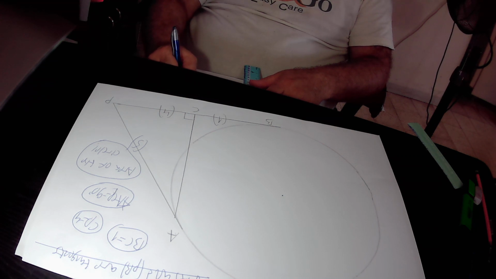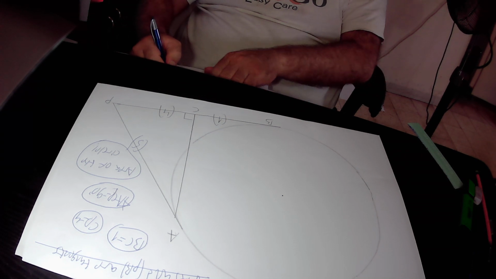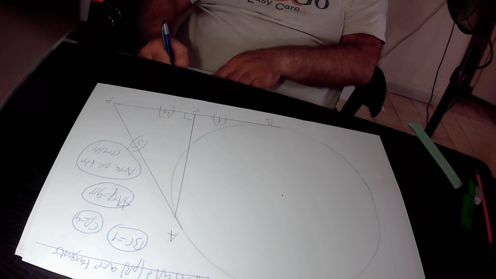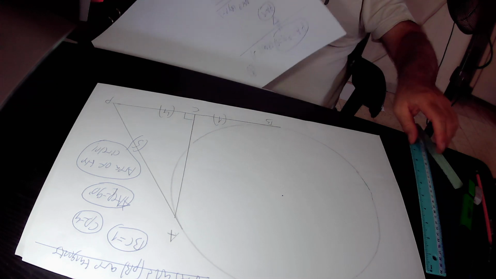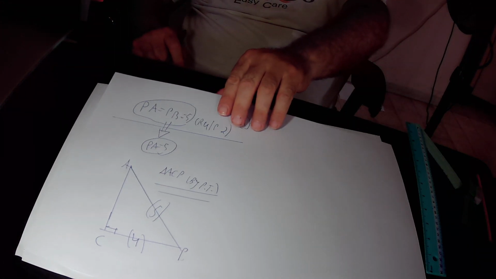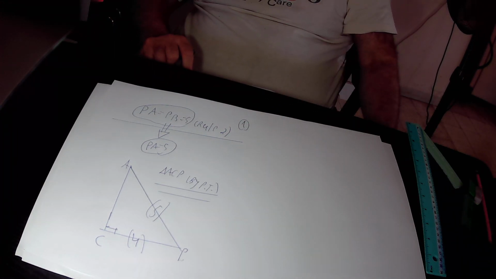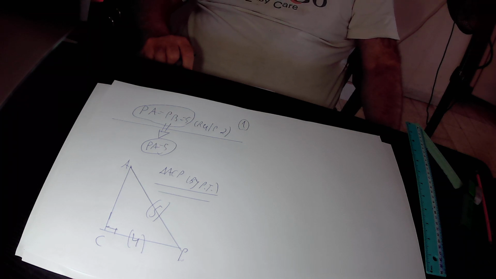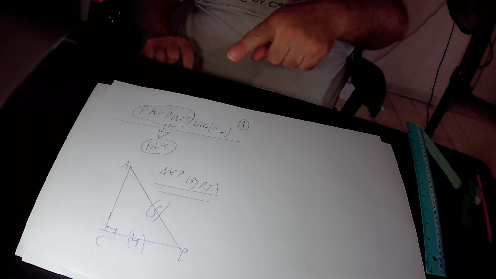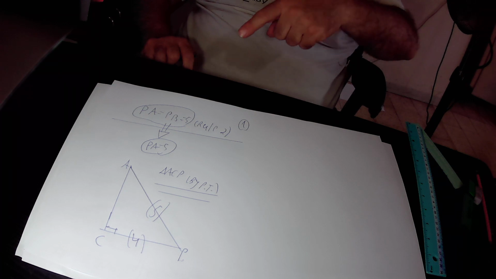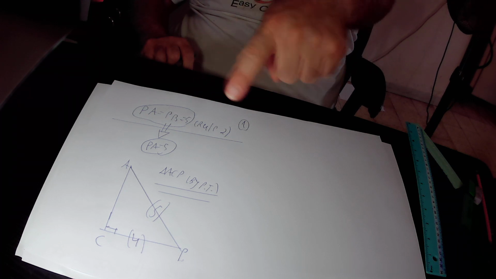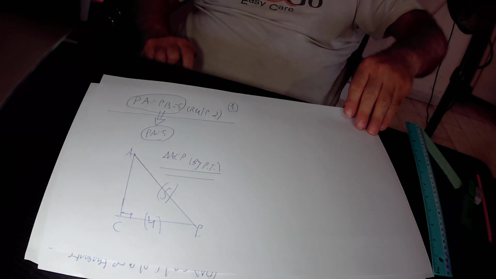Here is the relation for the Pythagoras theorem. So this is the right triangle ACP from the original drawing. In this right triangle ACP, AP squared, that is the square of the hypotenuse, equals AC squared plus CP squared. So I write it down.